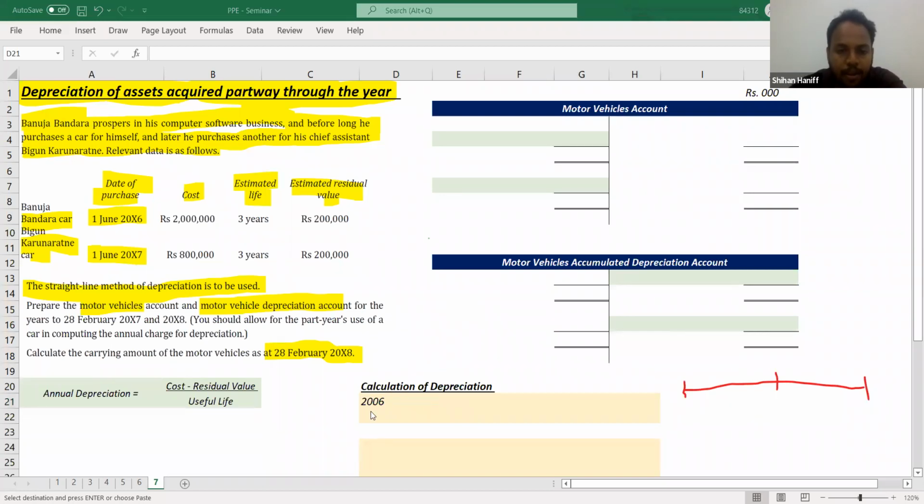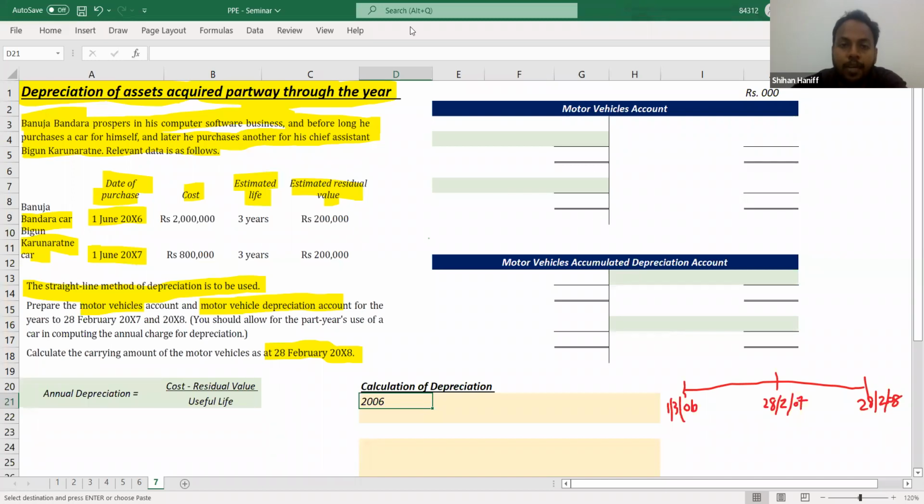Either you can take 2006 or 16, it's okay. The first financial year starts from 1st of March 2006 to 28 February 2007. Then the next year is up to 28 February 2008.